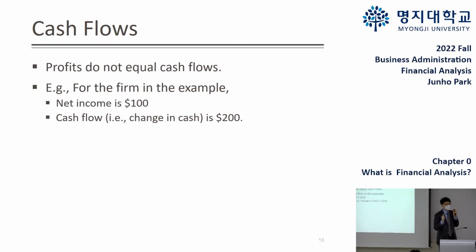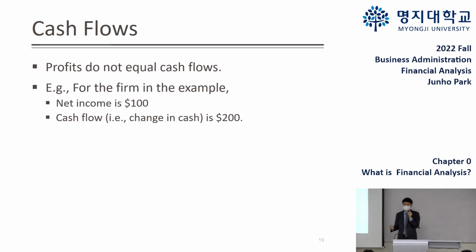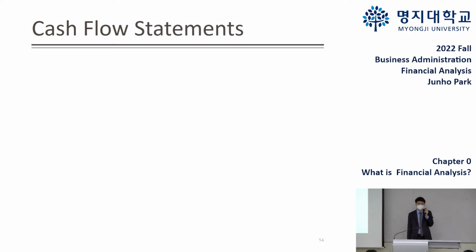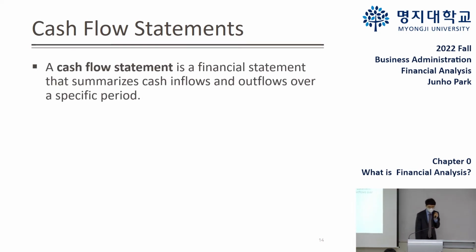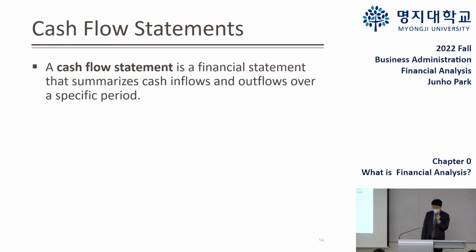So we need the third financial statement that particularly concentrates on the movement of the cash, and that is the cash flow statement. The cash flow statement is a financial statement that summarizes cash inflows and outflows over a specific period, similar to the income statement.